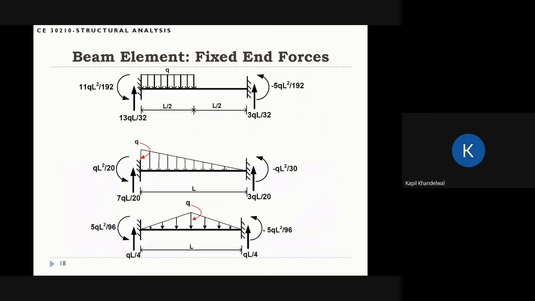And similarly, these are some other load cases that I have shown you earlier in the slides. I have also given you more load cases with all those fixed end forces. These are all already given to us, so we can just use these values. If you think about how we actually get these numbers, these are derived by solving the differential equation of the beam.